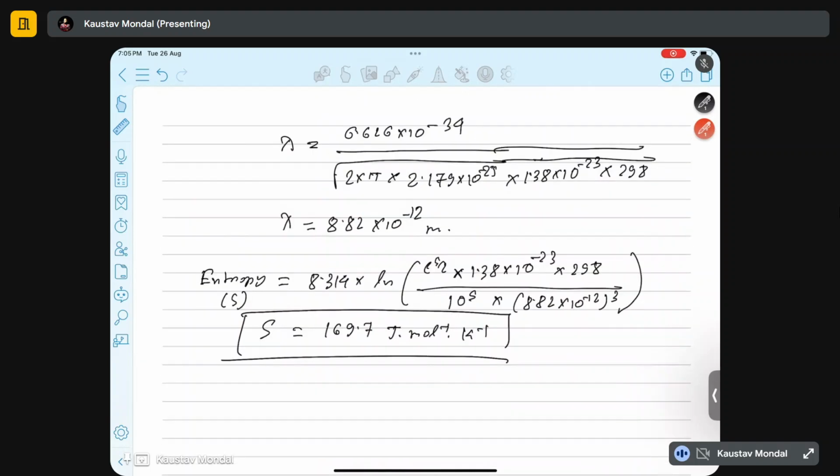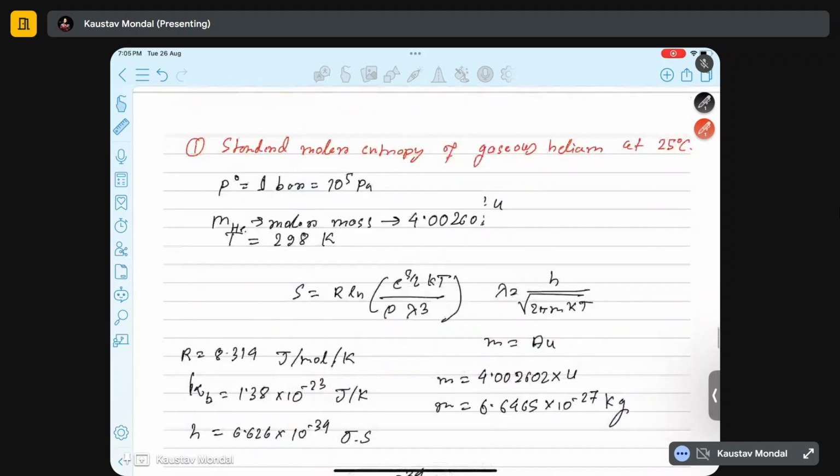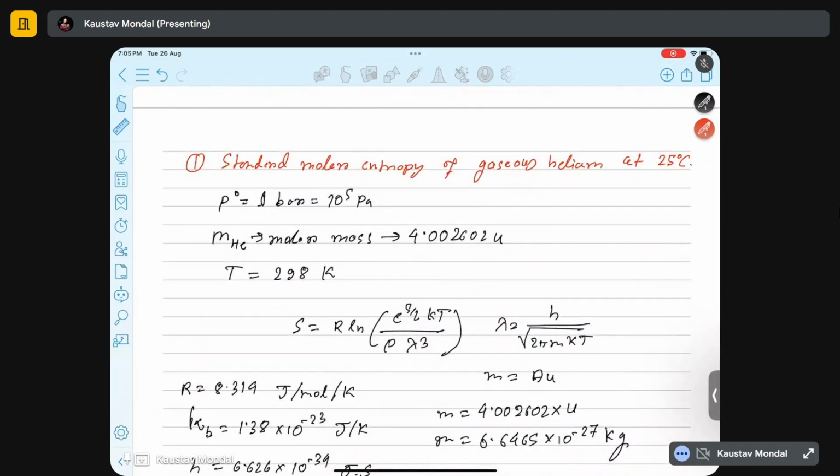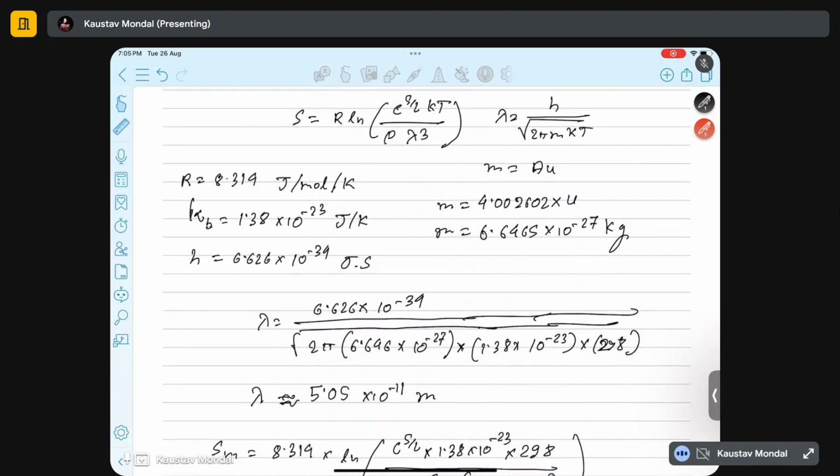So if you increase the molar mass, the entropy also increases, in both the cases, right? So this is one inference that you can conclude.